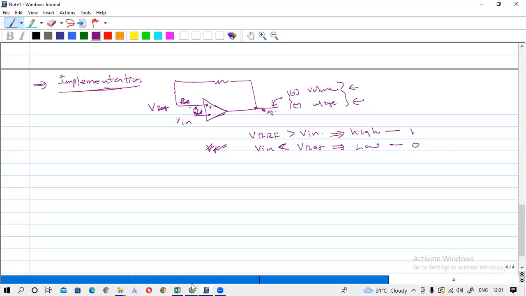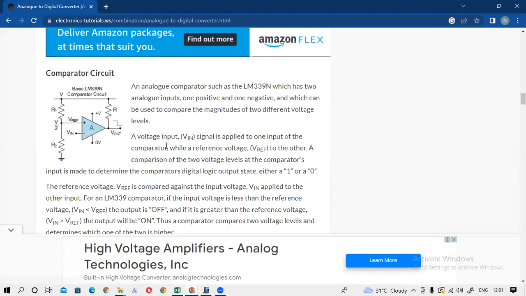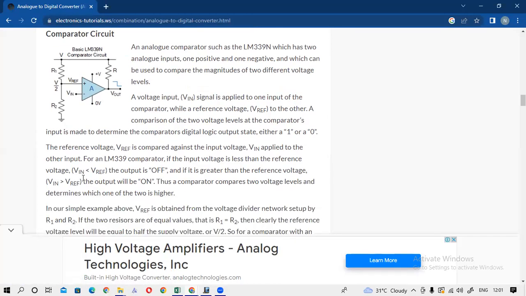V in is less than Vref, the output is low. That means most probably it will be a minus voltage value. So it is a low value and we can represent it as off. And if V in is greater than Vref, it is the other way around.